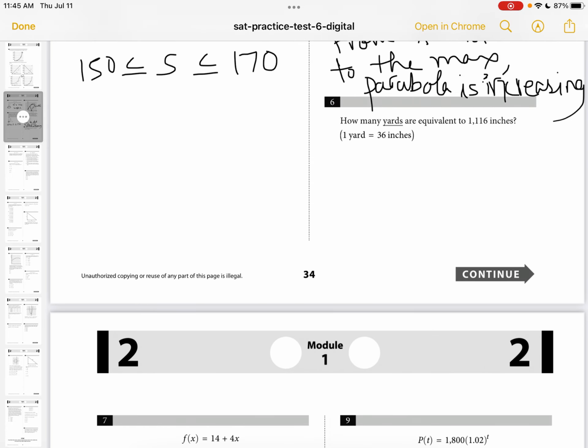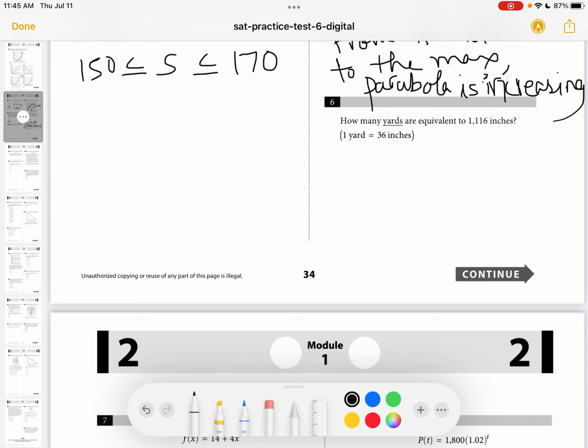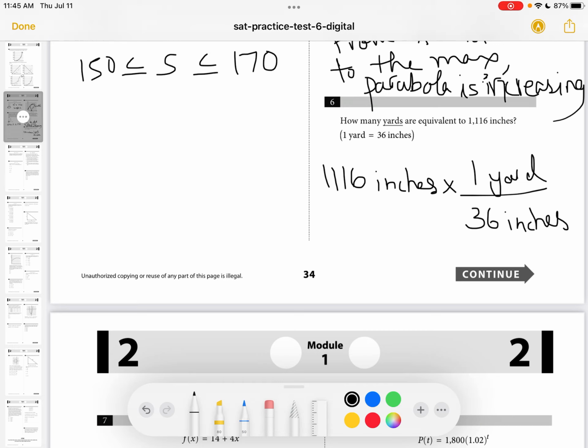How many yards are equivalent to 1,116 inches? This is just a matter of setting up our conversion factor. Our given units is 1116 inches, and we want to cancel out inches and get our answer in yards. So we'll put the 36 inches in our conversion factor on the bottom and 1 yard on the top.